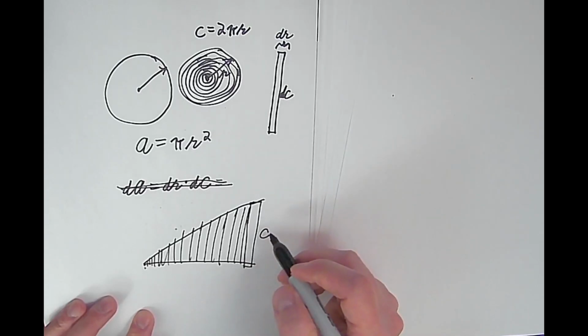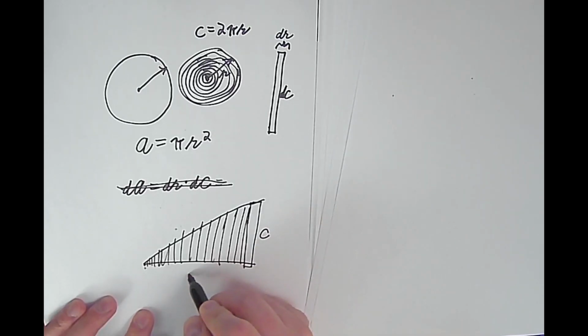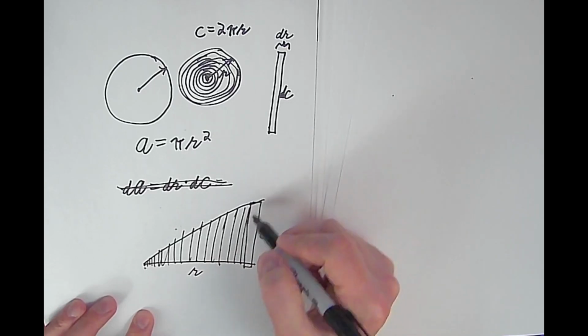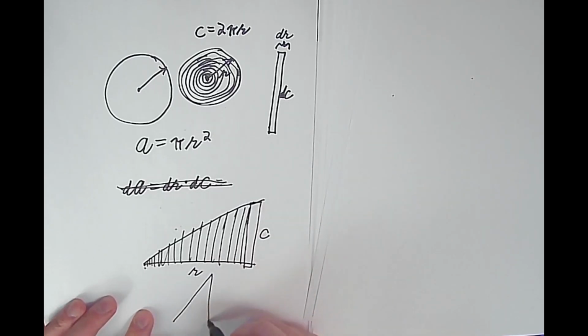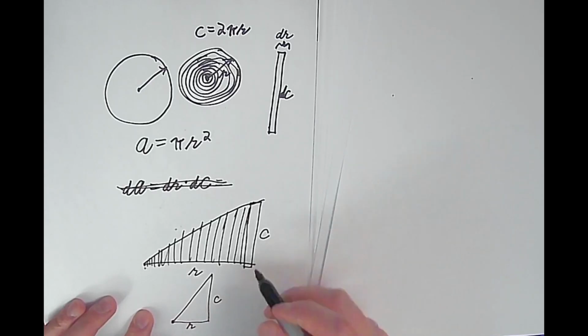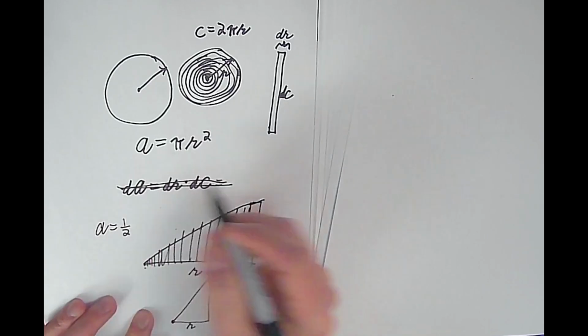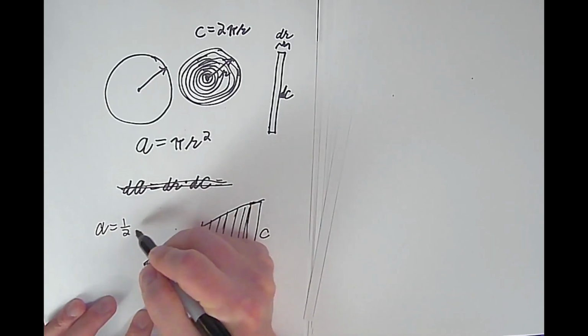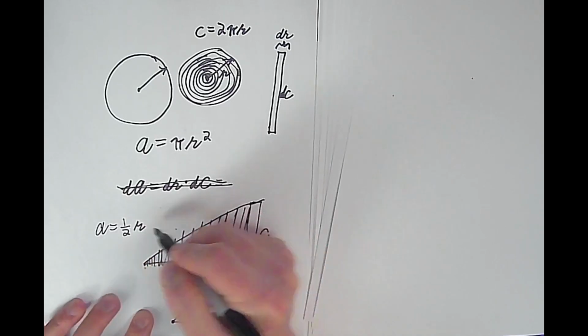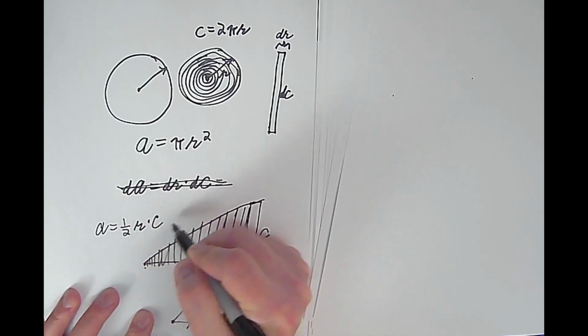Well, guess what? This is going to be r. It's not to proportion because it's actually going to be like that, I guess. But this is going to be r at the base, and this is going to be c. And you've got your origin there. And so the area is going to be 1/2 the area of a triangle, 1/2 the base times the height, which is c.